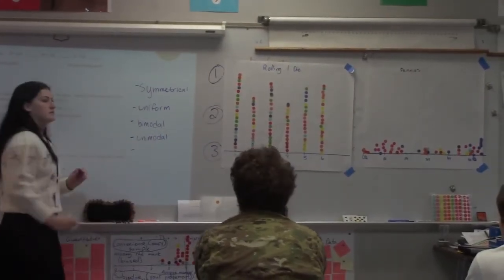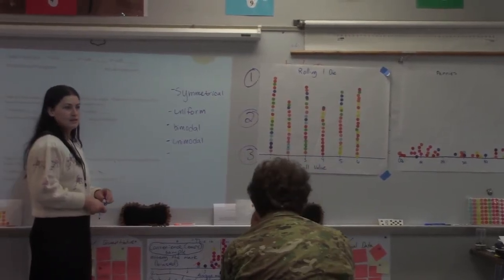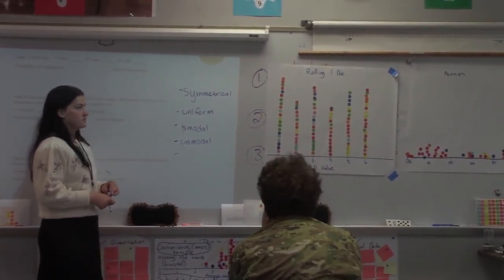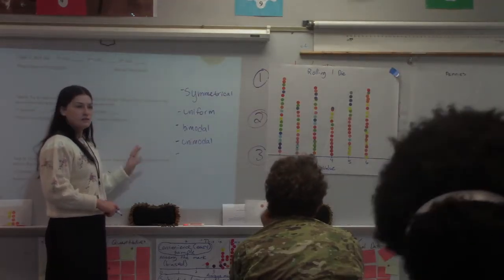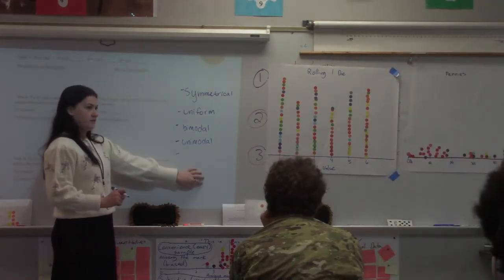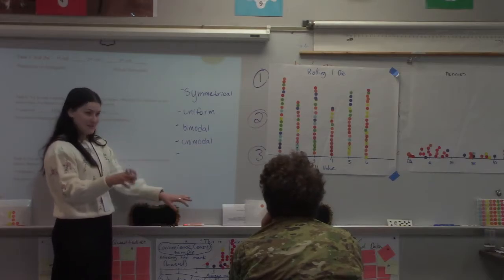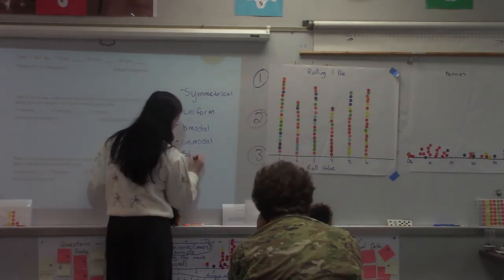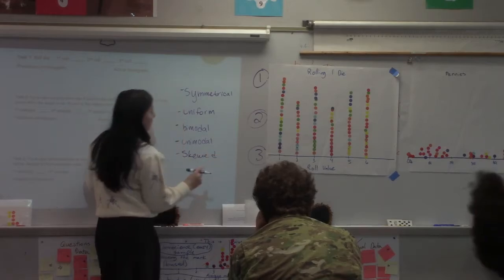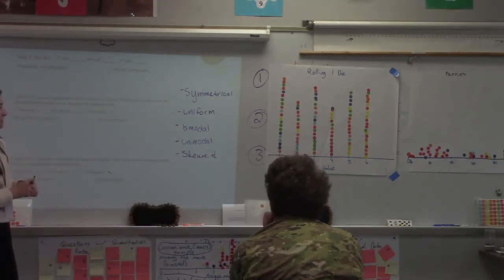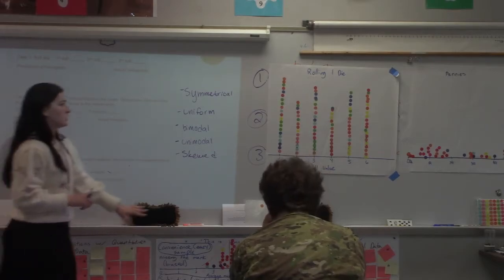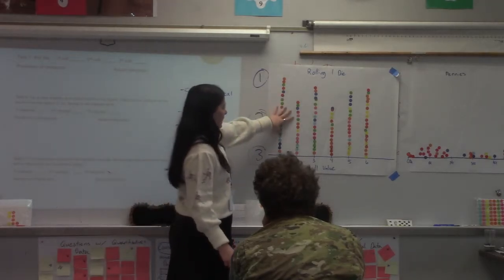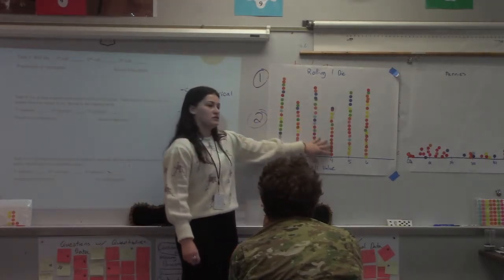Were there any other ones? Maybe another one started with an S? What was that term when the data was leaning one way? Skewed. Good. Skewed, unimodal, symmetrical. Okay, so we're going to start with the die. How could we describe this?